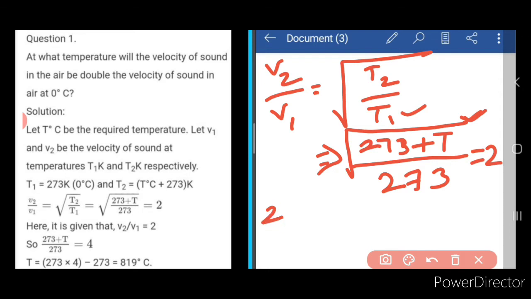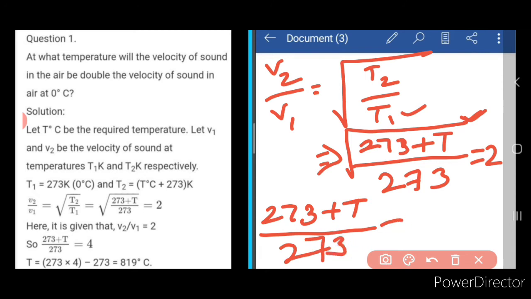So you will get 273 plus T divided by 273 is equal to 4, since on this side the square root gets removed, and on that side 2 squared becomes 4. We can rearrange this equation to find the temperature.